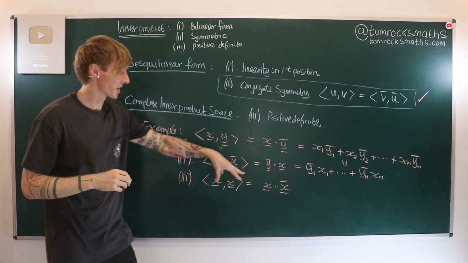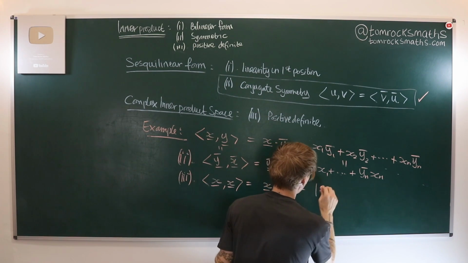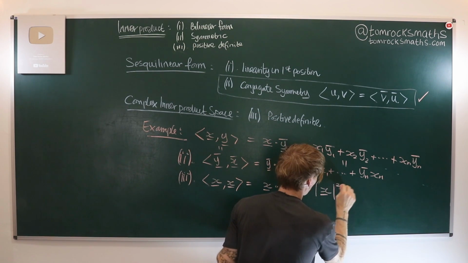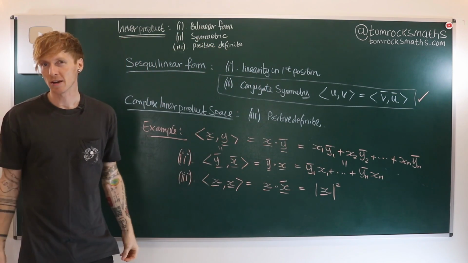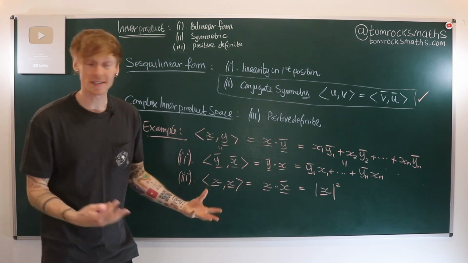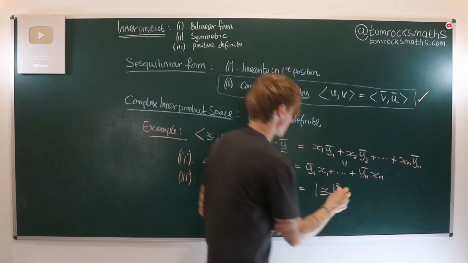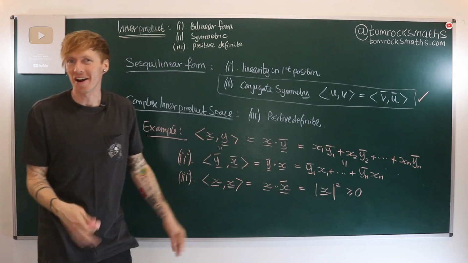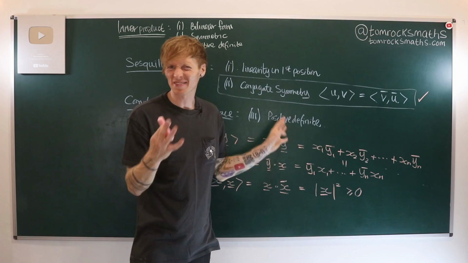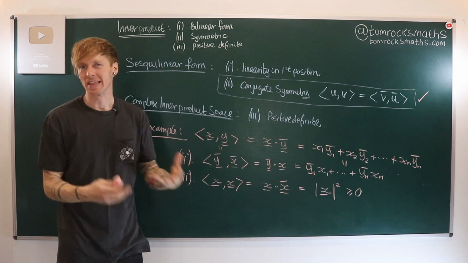And of course, now we're working with complex numbers, we know that this is the same as taking the mod squared, or taking the modulus of our complex number. So this is clearly positive. Modulus is like a length in the complex plane. So this is greater than or equal to 0. And indeed, the only way we can have 0 length of our complex number or our complex vector is if it is in fact 0 or the origin in the first place.